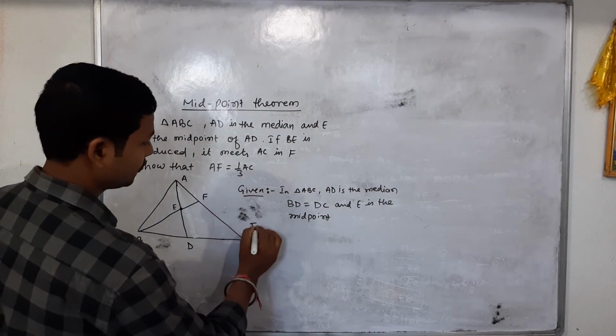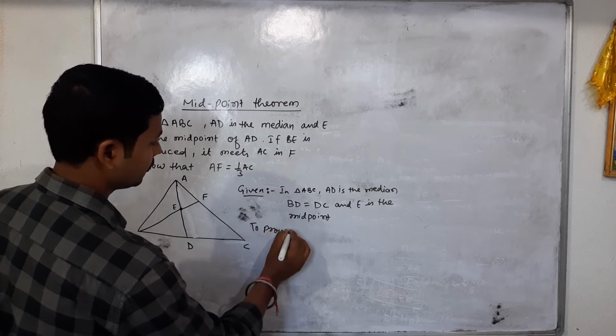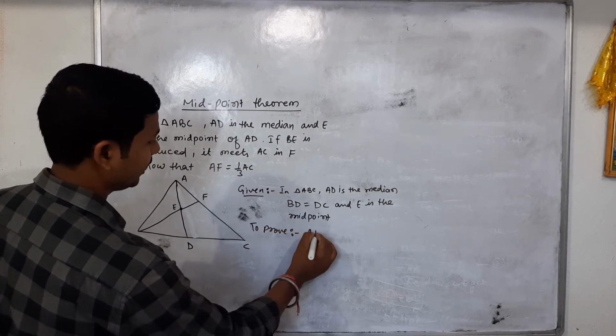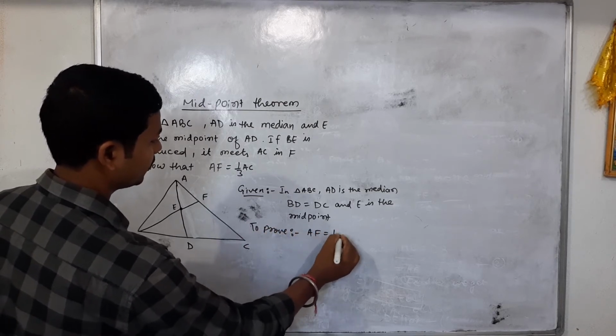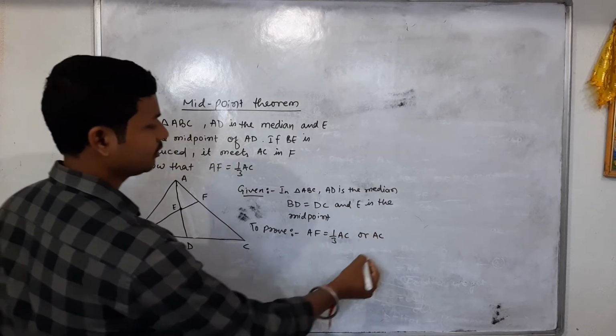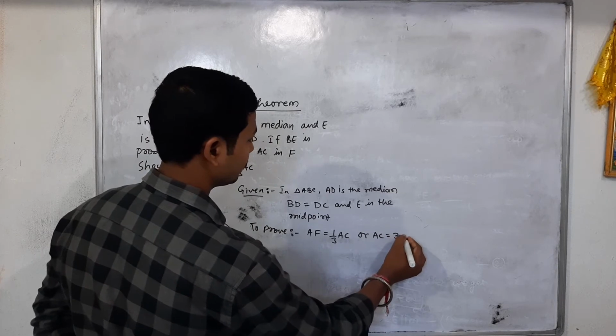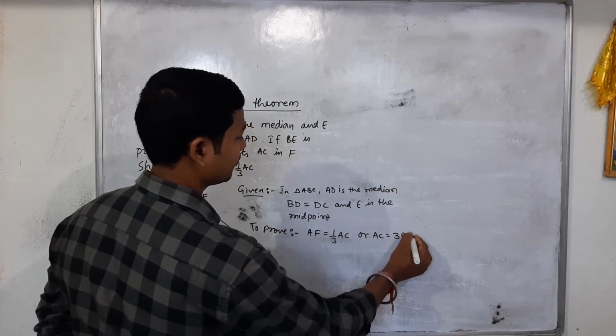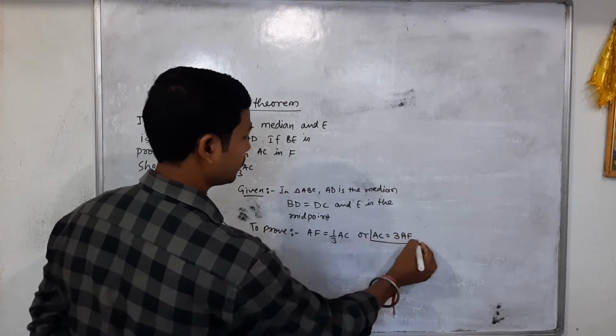To prove: AF is equal to 1/3 AC, or this can be written as AC is equal to thrice AF.